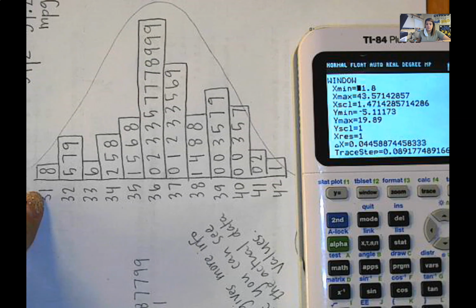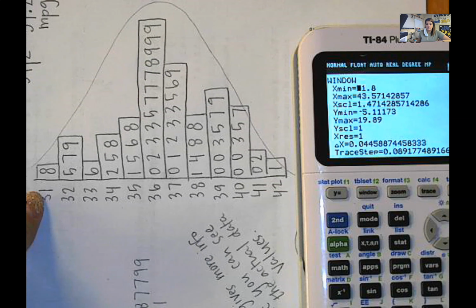I'm going to start with 36.3. So what we do is we go to the 36 stem, we write a 3. Then we go to the 41.0, so go to the 41, write a 0. 36.7, we go back up to the 36, write a 7. 36.9 and 42.1, we go to the 42 and we write a 1.